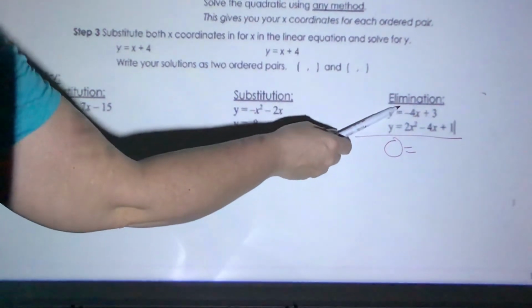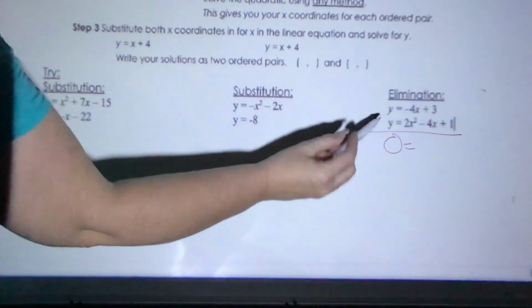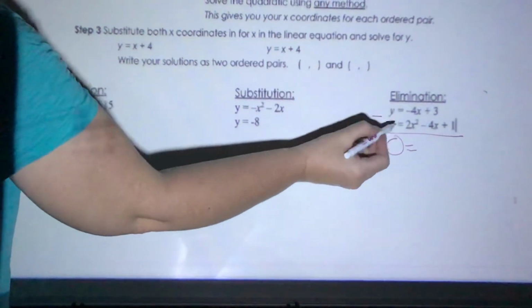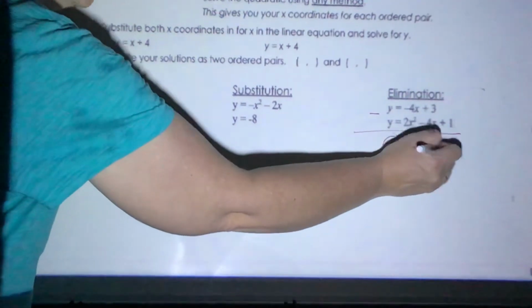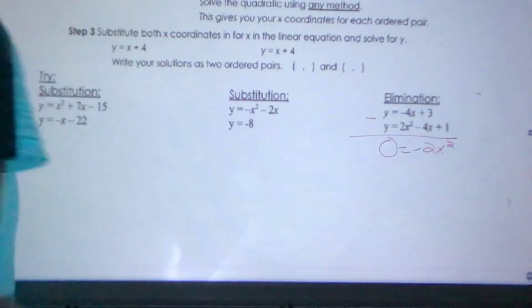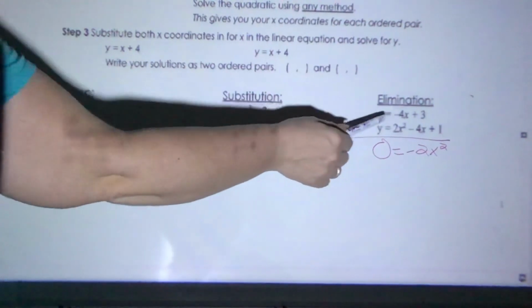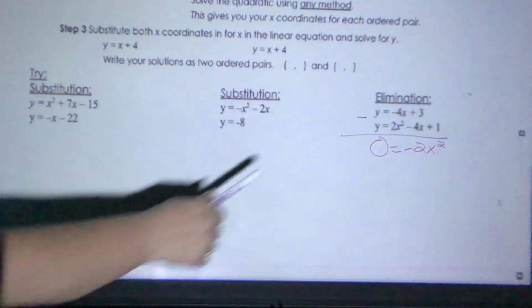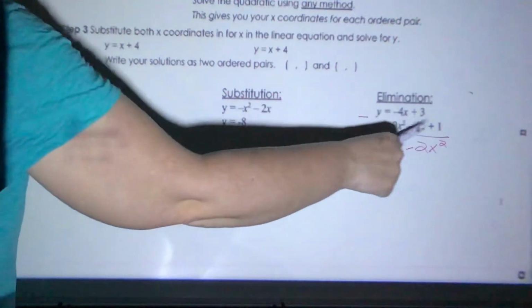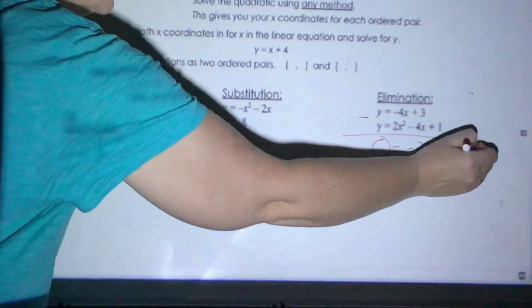There are no x squareds in your linear equation, so I am really doing 0x squared minus 2x squared. So I'm going to get negative 2x squared. Then I'm doing negative 4x minus negative 4x, which gives us no x's. And then I'm going to do 3 minus 1 and get 2.